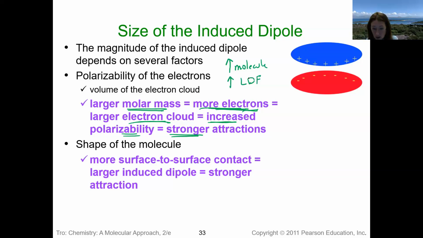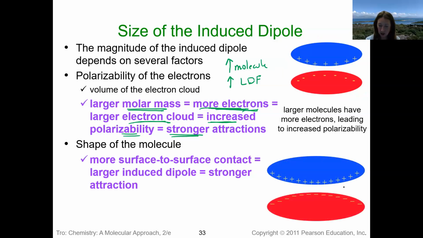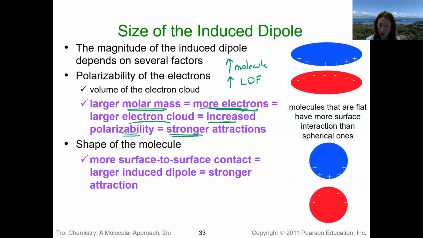The shape also determines the London dispersion forces. Now remember, every molecule has these London dispersion forces. Everybody's got them. So the shape also determines. So if you have a flatter shaped molecule like this, here's our larger, flatter molecule, versus a molecule that's got not so much interaction.